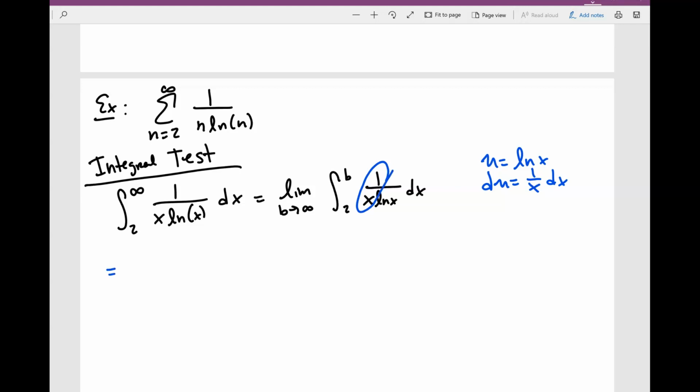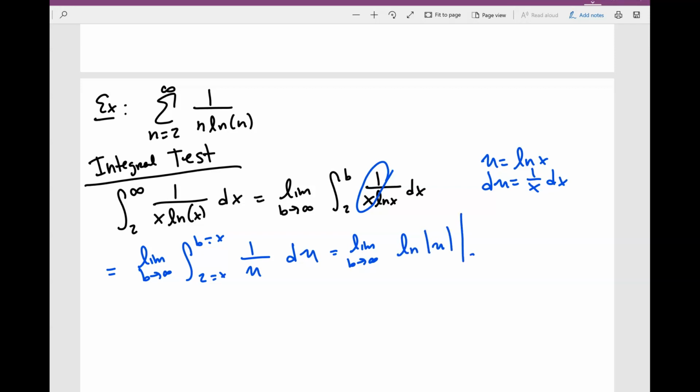So this is going to be equal to the limit as b goes to infinity of the integral from 2 to b, and these are for x's. 1 over x is just going to be du, so I'm going to have 1 over ln of x, which is going to be u, and then this is going to be du. So this is equal to the limit as b goes to infinity of the ln of the absolute value of u between 2 and b.